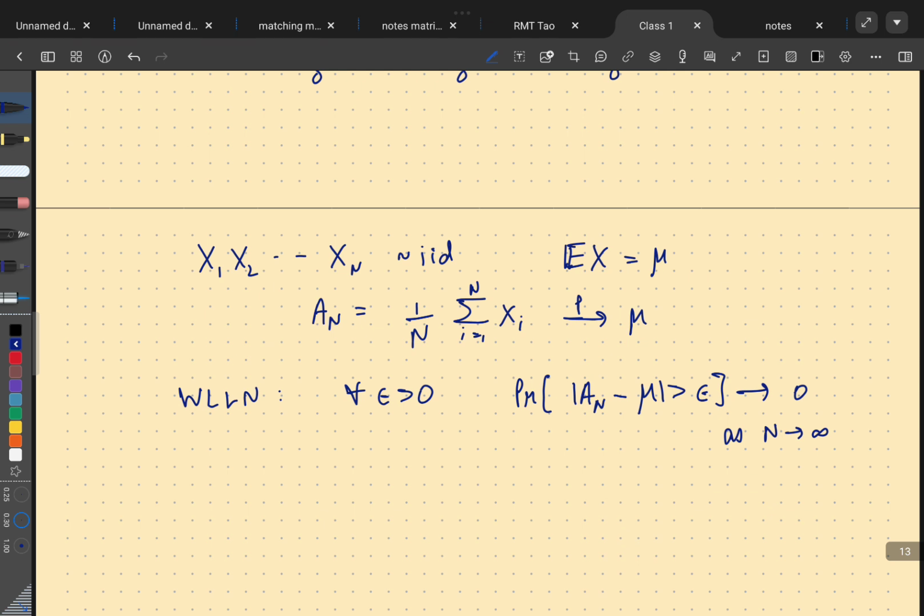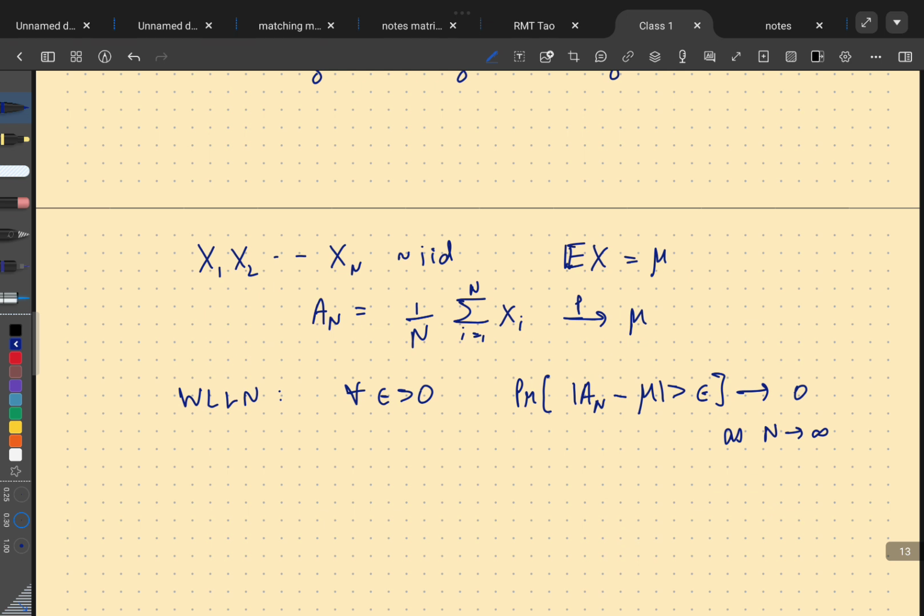So this is what we know, and in fact, our intuition says that this should be true. Although this says that eventually it must go down to 0, it doesn't tell us how fast it must go down to 0, which is important to us in a number of applications.